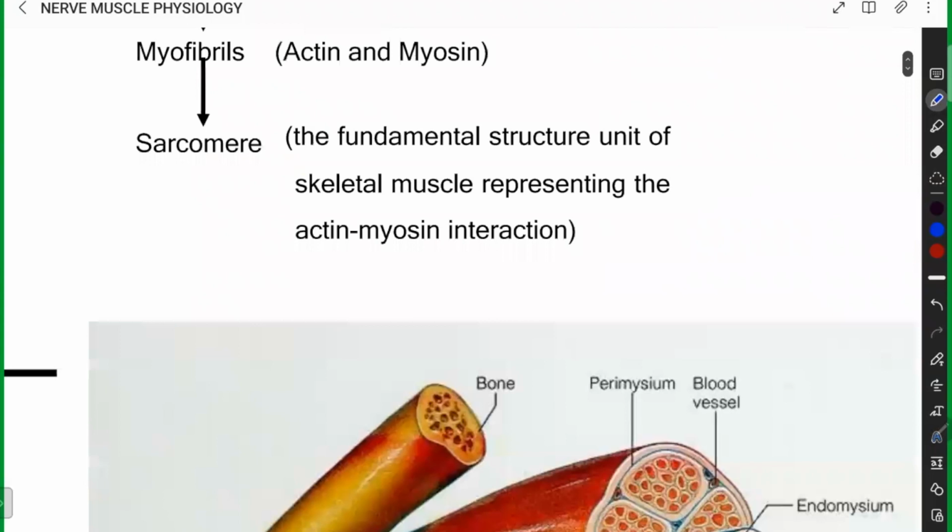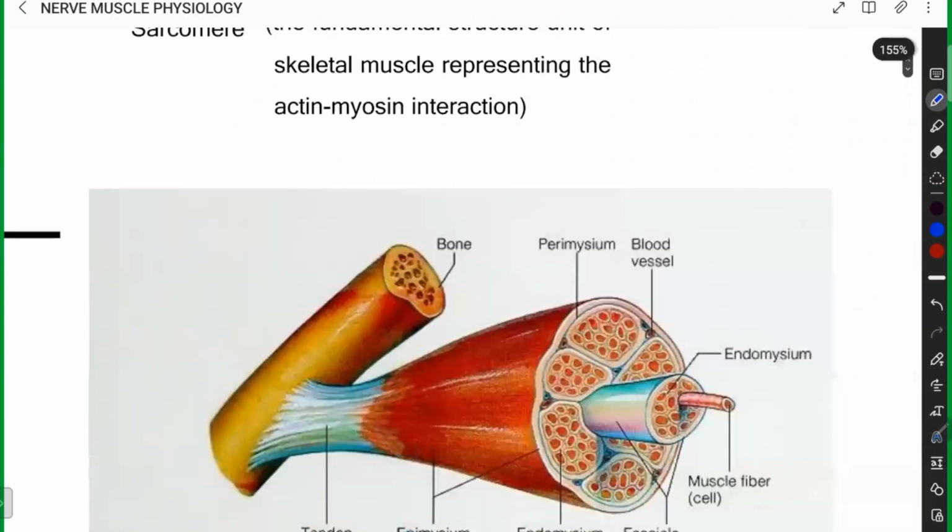Once again I repeat, inside these muscle fibers there are going to be numerous myofibrils. These myofibrils contain sarcomere, and this sarcomere is a place where actin myosin interacts. That is what we are going to discuss.